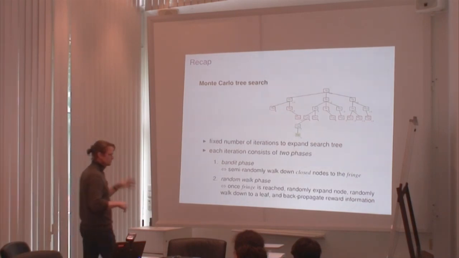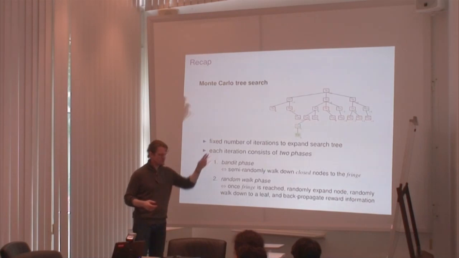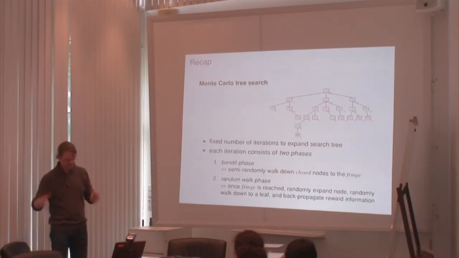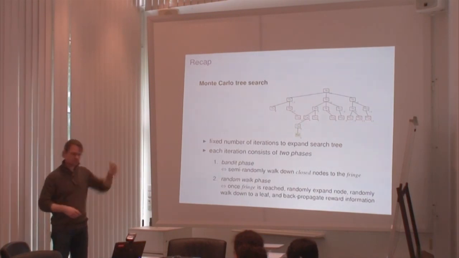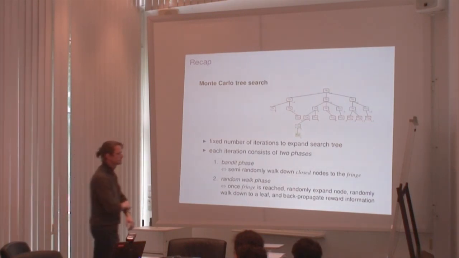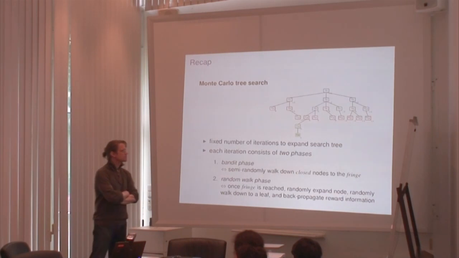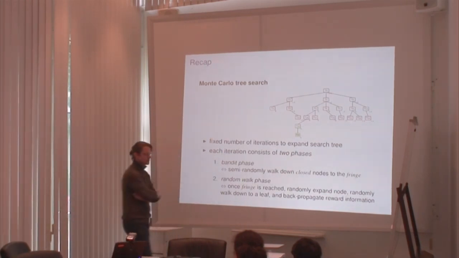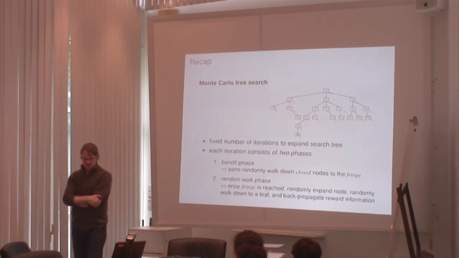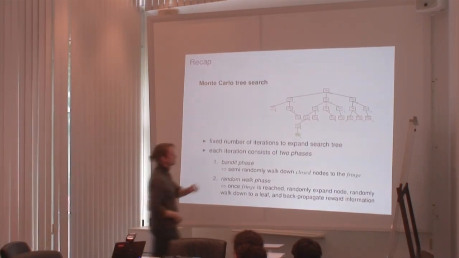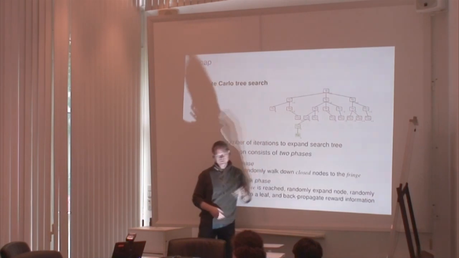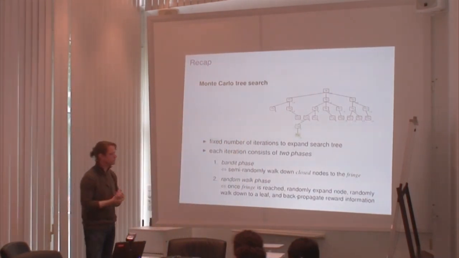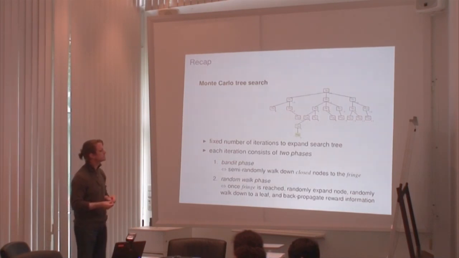And the search tree will grow, because once we hit a fringe node, we expand it and add that newly expanded node to the search tree, and from there we walk until we hit a terminal state. So this tree will grow iteratively in a fixed number of iterations, and in each iteration we will eventually reach a terminal state or a leaf node of a search tree which is not fully uncovered yet.